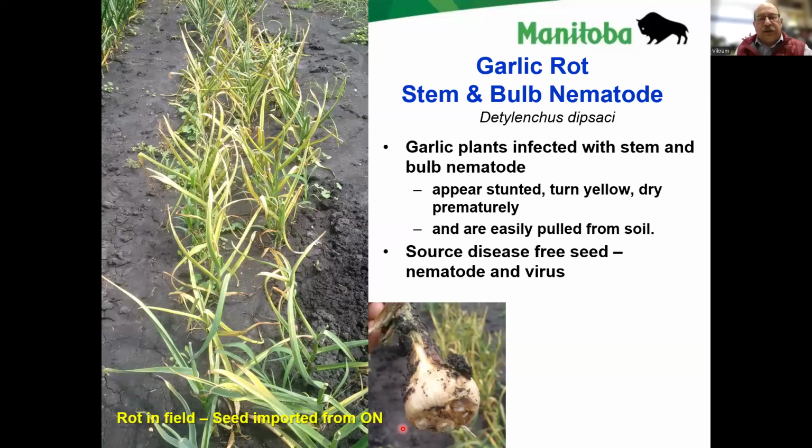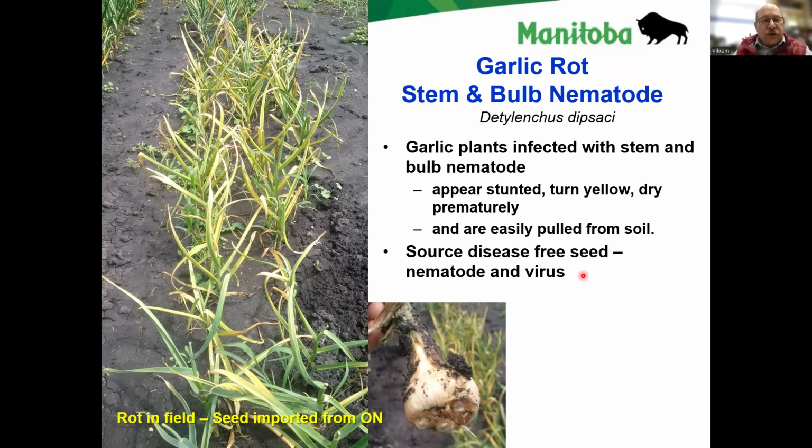Also, there is a combination of viruses that come with the garlic cloves. So if you find a source which is selling good seed, try to get only from those guys. Getting an inexpensive deal on the seed for garlic can be a loss-making project.